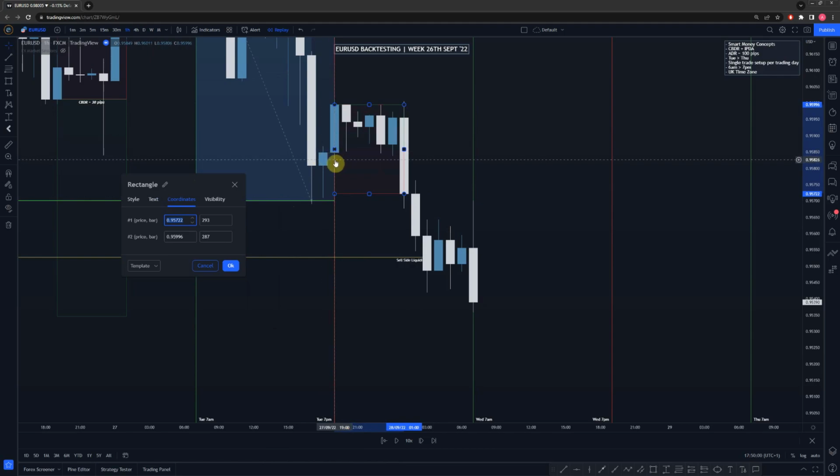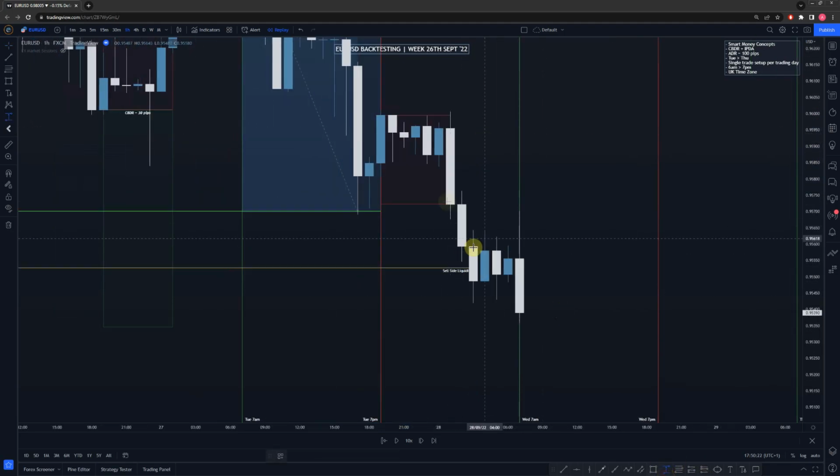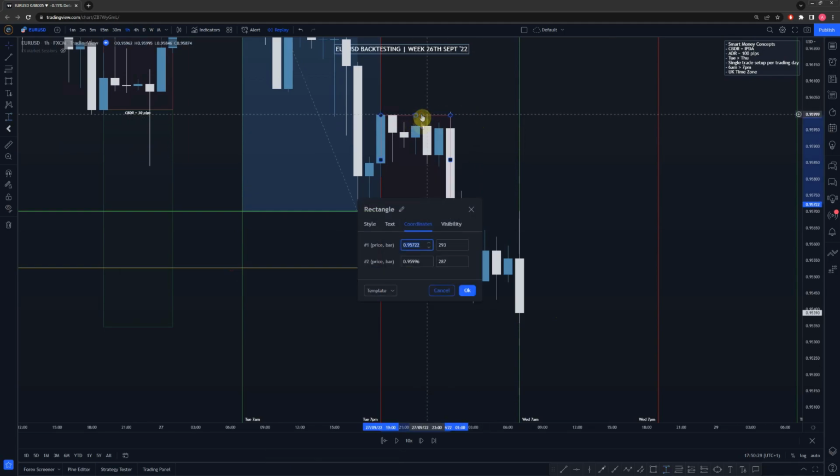So let's look at this as our high point of the range. So let's look at the close of this bullish candle being at 95996, and that's already there. And then the close of this bearish candle being 95722. Oh, fantastic. Didn't even have to change that. And then the range we have to work with is similar again to Tuesday, so let's round it up to 30 pips as our central bankers dealers range.